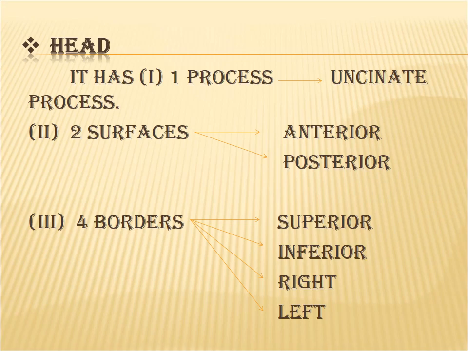The left border is very short and it is merged with the neck of the pancreas, so sometimes it is not considered. So we can see the head as having three borders: the superior border, inferior border and right border.